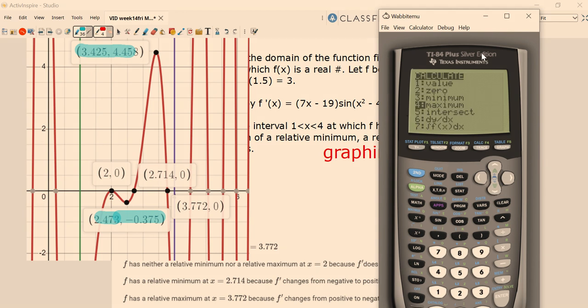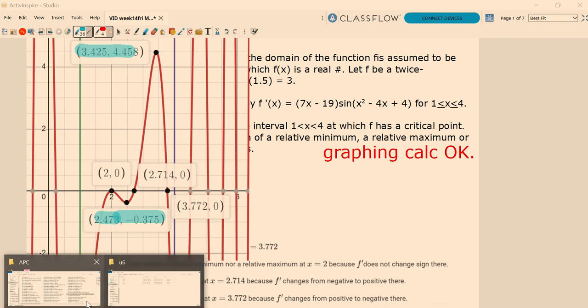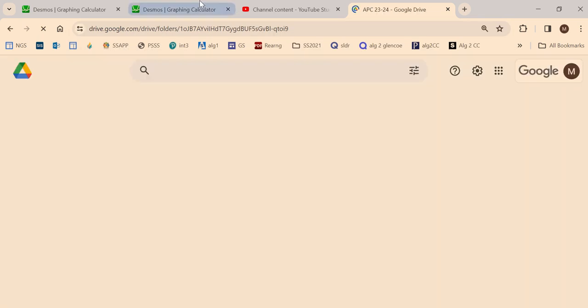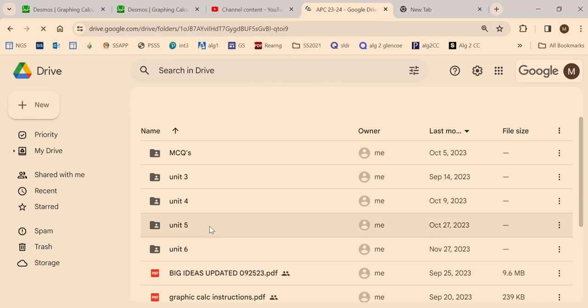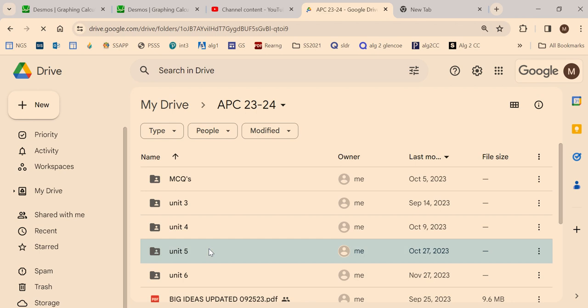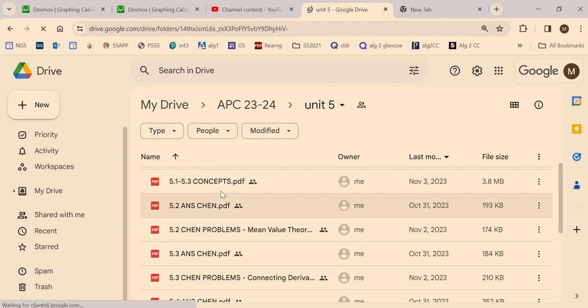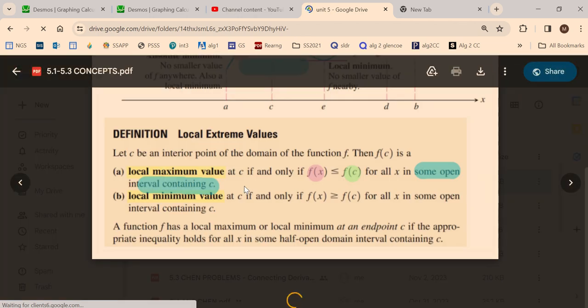Now, I want to pull something up over here from Google Drive. It is here. This is from Unit 5, and there was a slide in particular right here, the 5.1 to 5.3 concepts. Let me scroll down here.